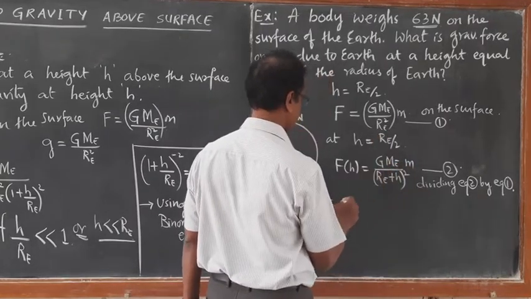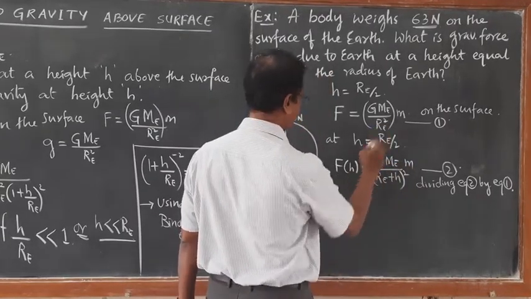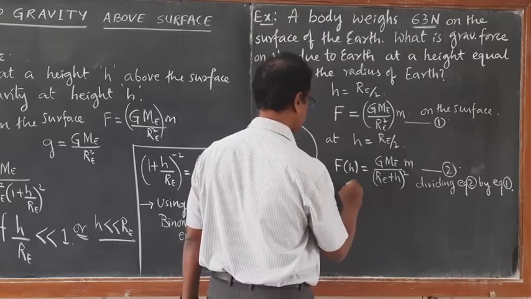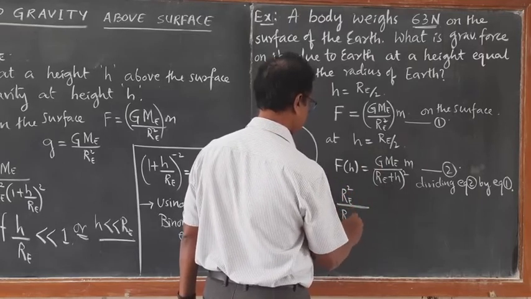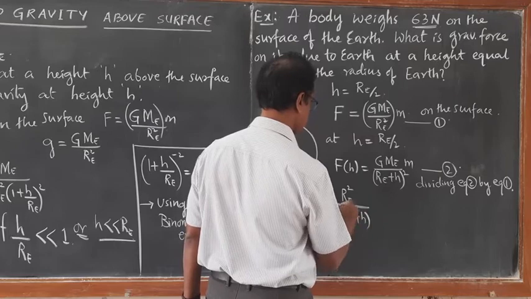So you are left with Re square in the numerator divided by Re plus h whole square.